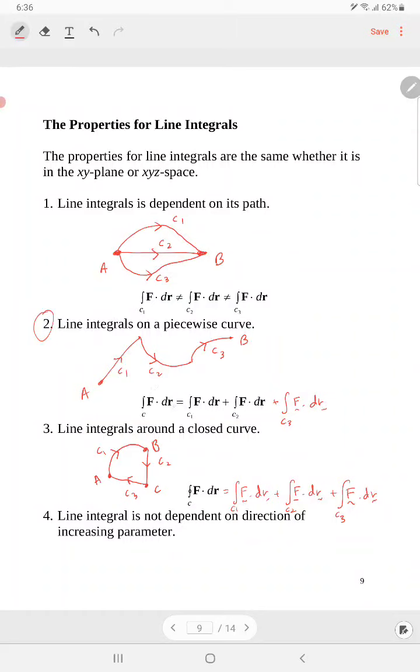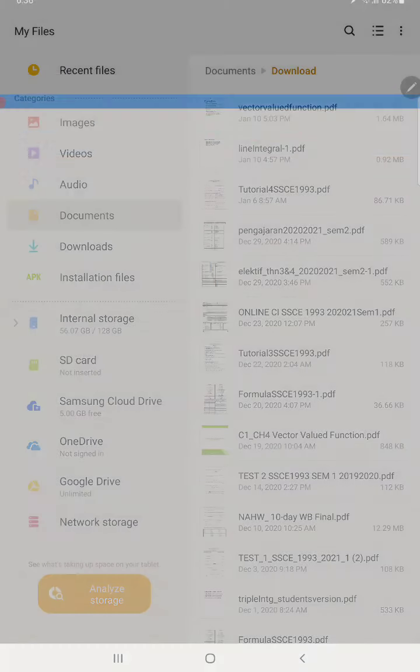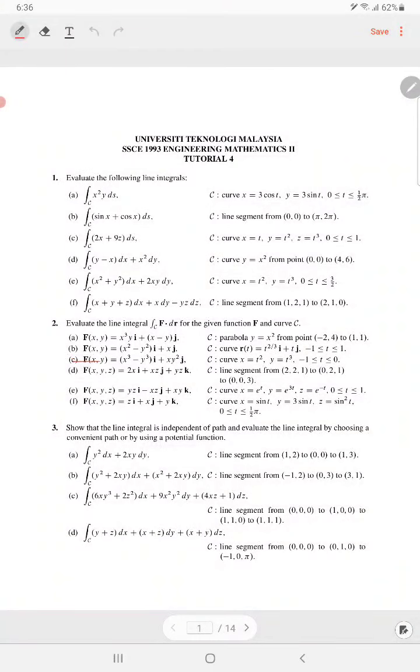If you want to evaluate F dot dr over curve C, where curve C consists of a few piecewise curves, what you do is you evaluate F dot dr on each curve and then add them together. So question number 2, item D, is where you have a piecewise curve as your curve C.